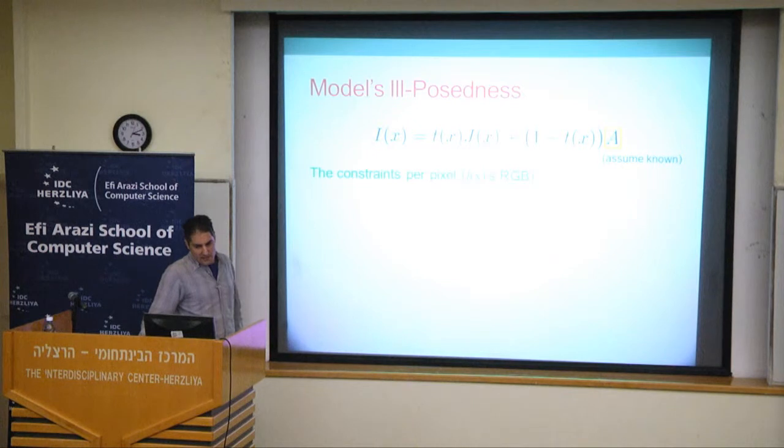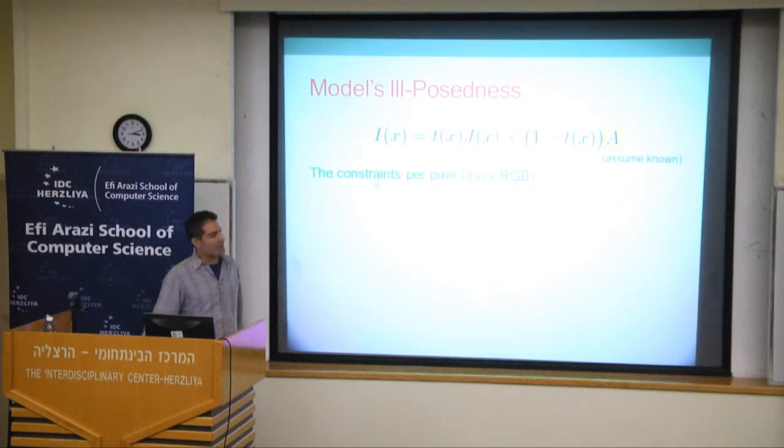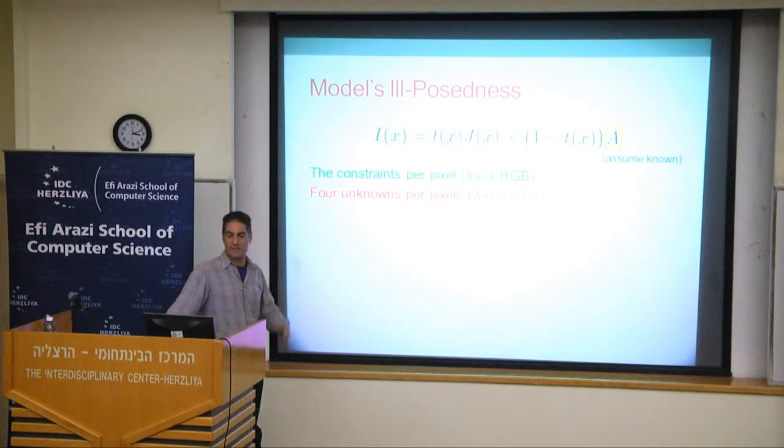So this equation is ill-posed for the following reason. Even if we assume that we know these three coefficients of the air-light vector, at each pixel we have three constraints, which are the red, green, and blue of the input image, I of x. Yet we have four unknowns at each pixel, which are the three unknowns in J, the RGB of the output image, plus the scalar, the transmission, at each pixel.